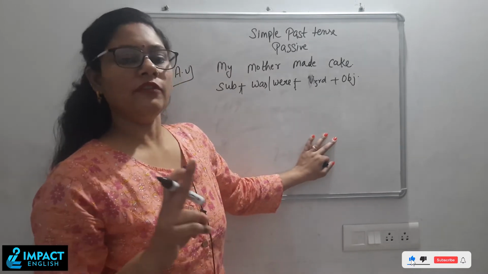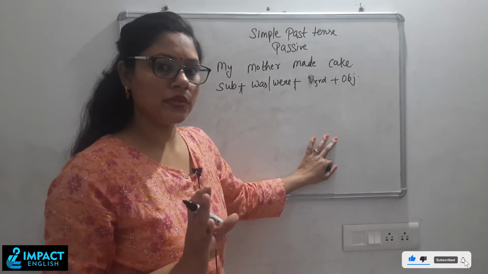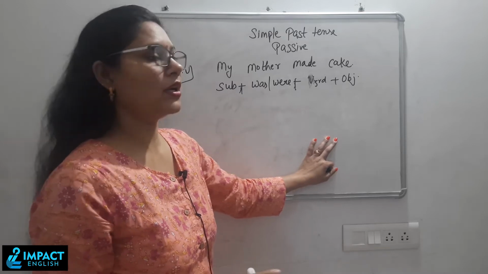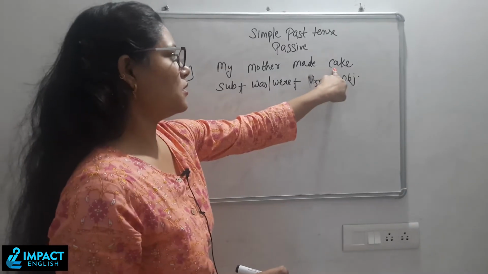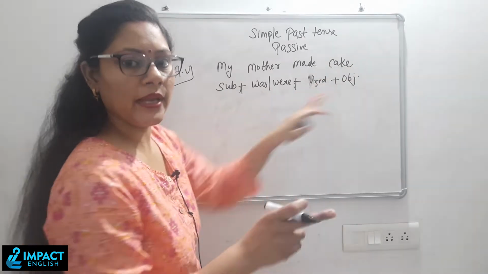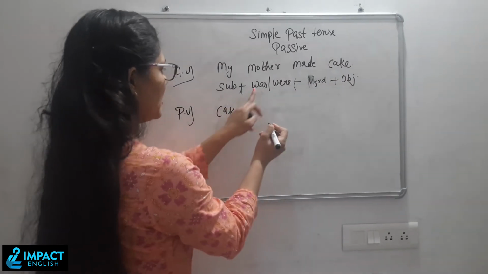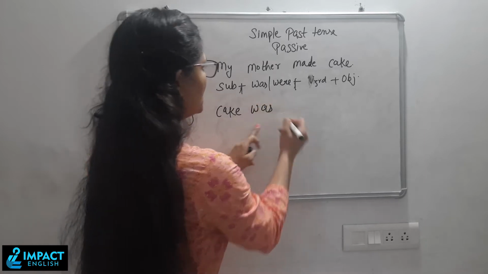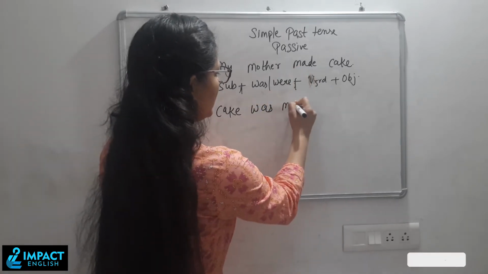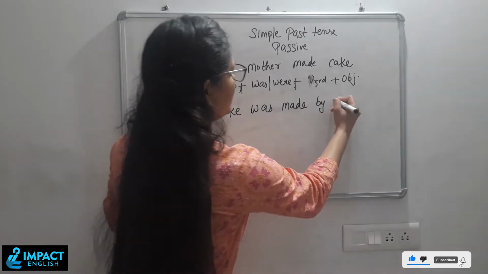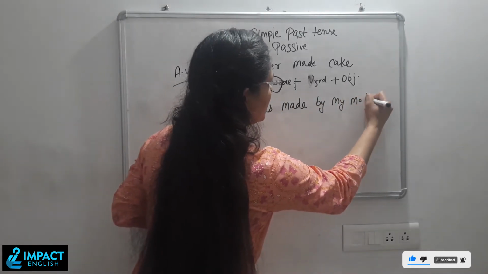Whenever a singular thing is given, we use was, and when a plural thing is given, we use were. So here, cake, it's an object, so it will be the subject. So cake, then was, third form will be made by, and object will be my mother.